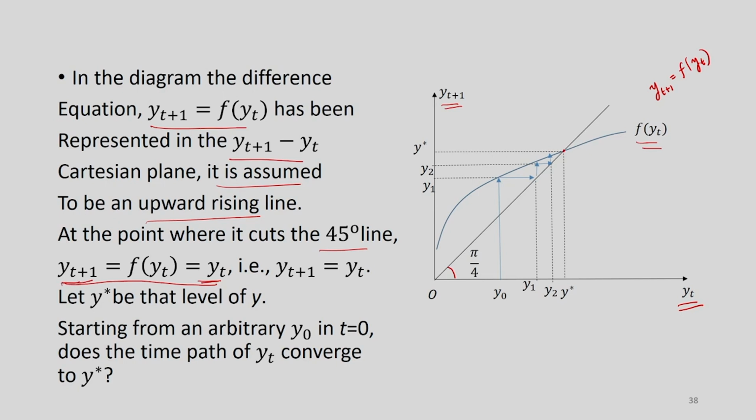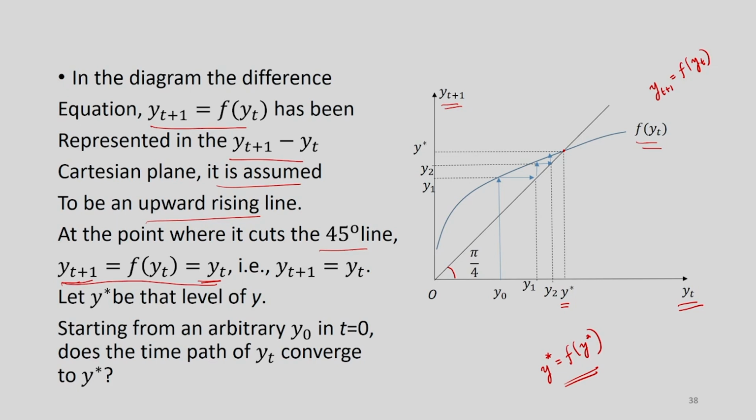So, yt plus 1 and yt are the same at that point. Let us suppose that particular value of yt is denoted by y star. So, what we essentially have is y star is equal to f of y star. That is how y star is defined.